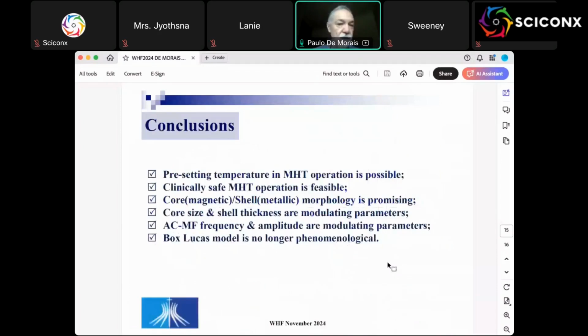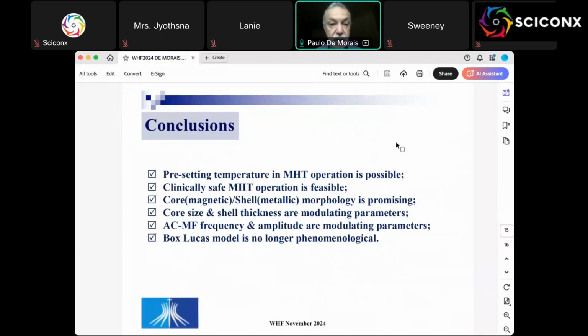So let me come to a few important conclusions about my talk. The first one is that it is possible to preset the temperature in magnetic hyperthermia operation. You can do this just by playing with the instrumentation and the characteristics of the magnetic nanoparticle you are using.